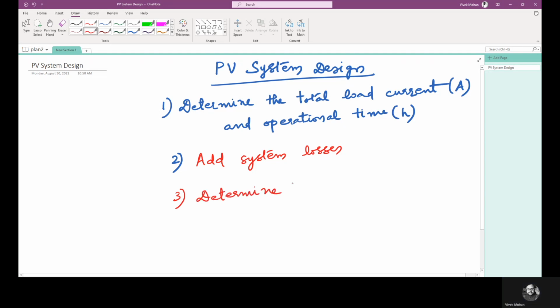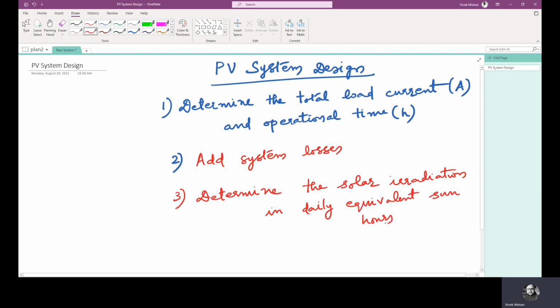Then the third one is determine the solar irradiation in daily equivalent sun hours, because it's important where we are installing this panel.